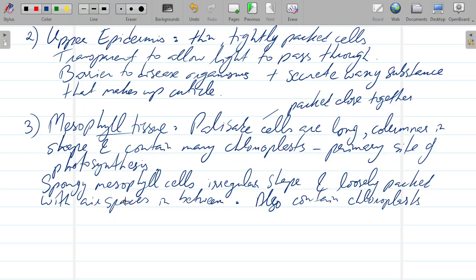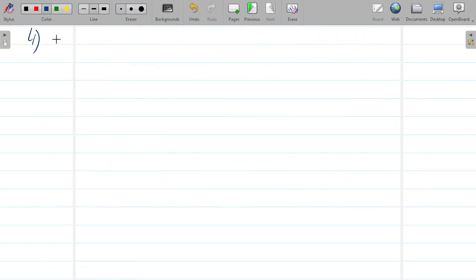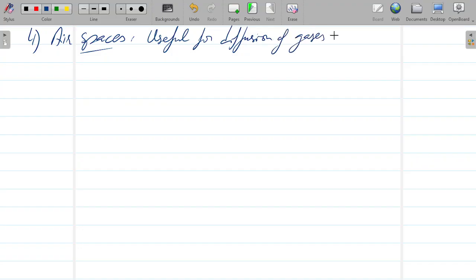So talking about the air spaces, do we have space here? No. So the air spaces, right, are important and used for the diffusion of gases and for the loss of water vapor via transpiration.